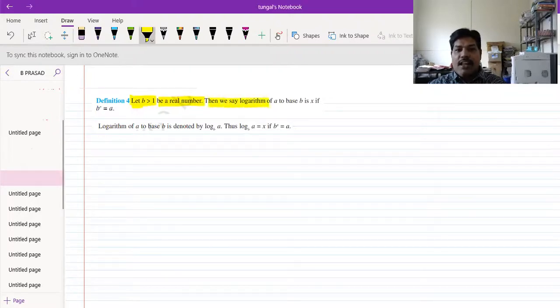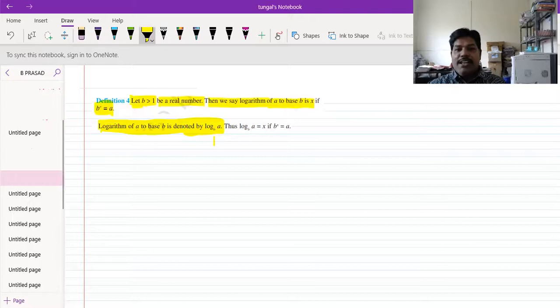Then we say the logarithm of a to the base b is x if b power x is equal to a. The logarithm of a to the base b is written as log a base b.